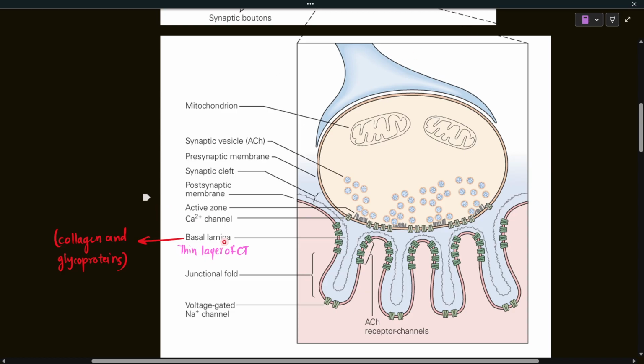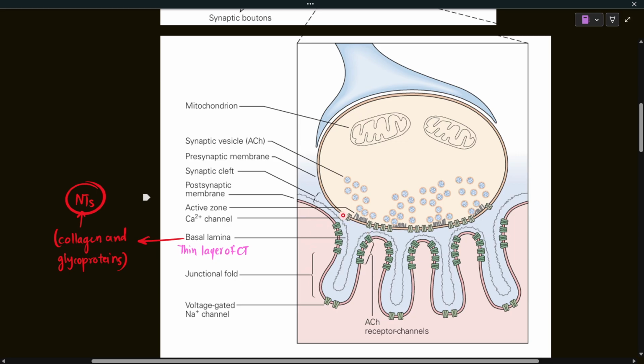The presence of the basal lamina is quite important because, unlike a cellular plasma membrane with its lipid bilayer, this is freely permeable to small organic compounds. So it is permeable to neurotransmitters, and neurotransmitters can pass through this basal lamina.